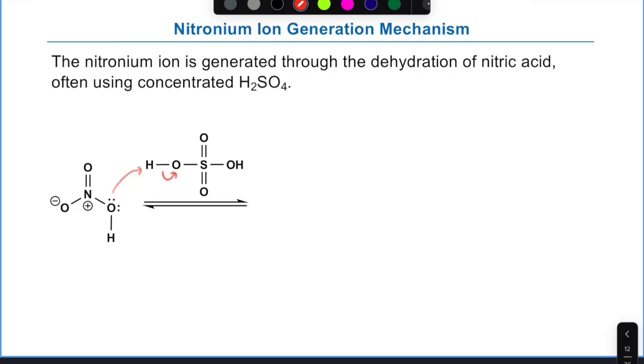So then we form, and then this lone pair on the oxygen can go down. Oh, this is protonated. And then this kicks off water. So then we form our nitronium ion and water.